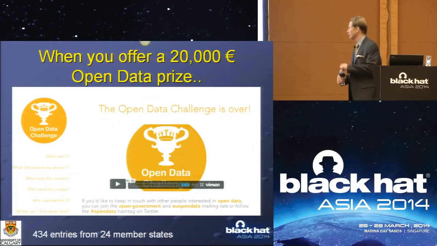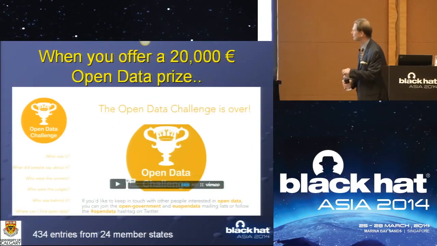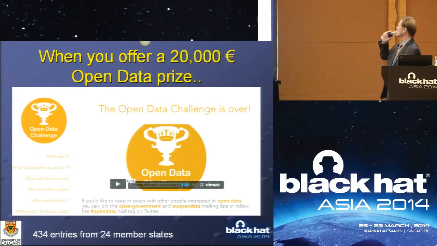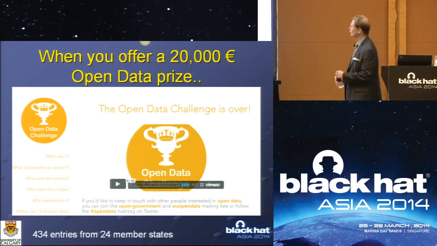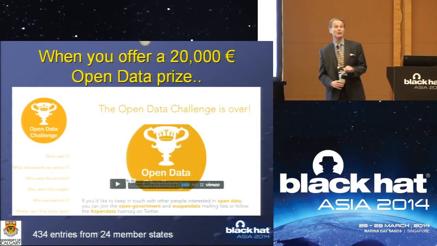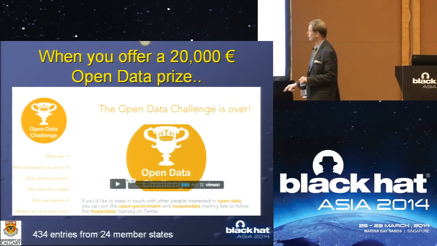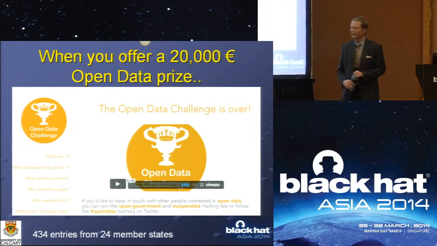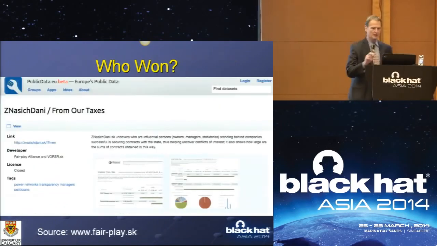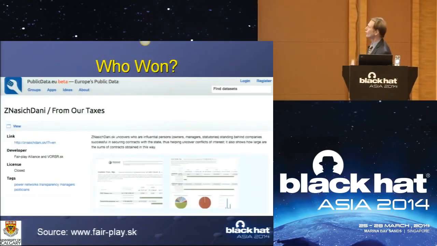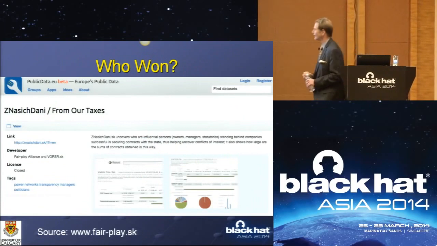Okay, the Europeans. Here's where we get a little bit of computer science here. They had a contest, and they offered 20,000 euros, which will buy a lot of beer, for the best application of open data. And this was the first one. They had 434 entries from 24 different countries, and the winner was this one from Slovenia.